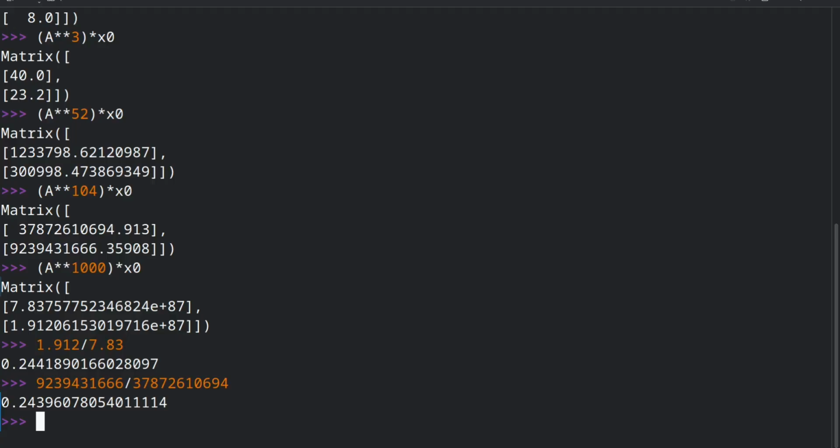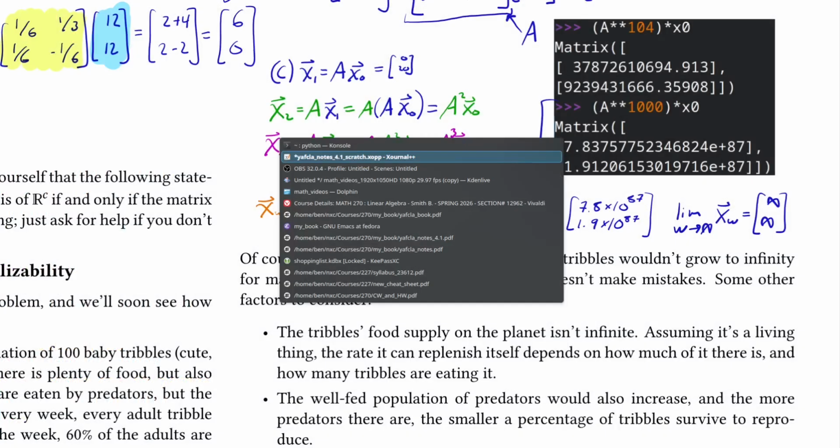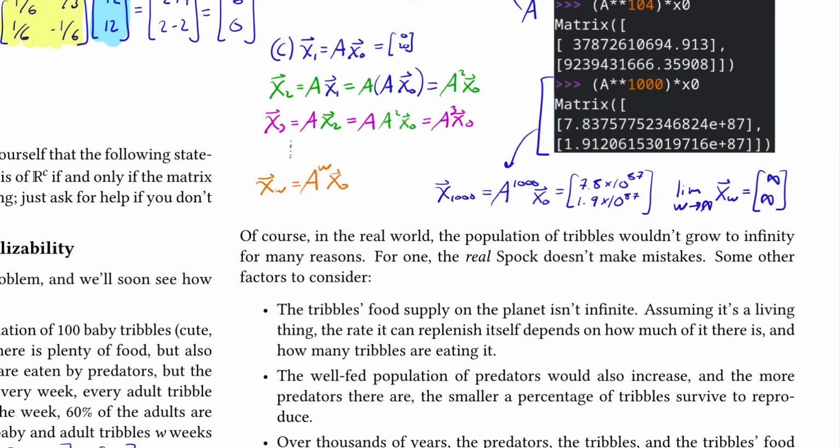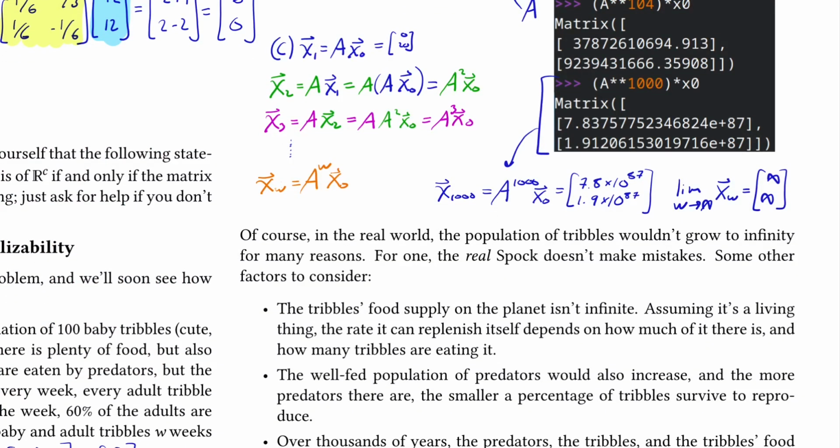So it seems like we're not just getting numbers that are growing without bound towards infinity. It seems like there's always about 4 times as many babies as there are adults. So it turns out there is an eigenvector here that we will explore a little bit later.